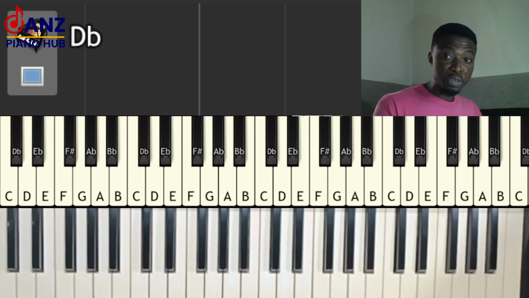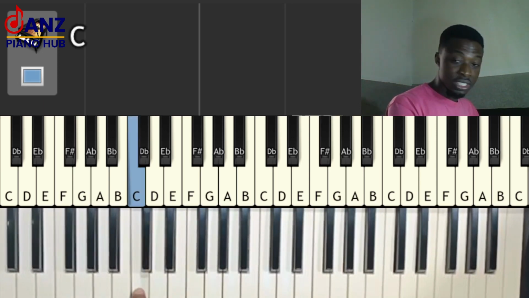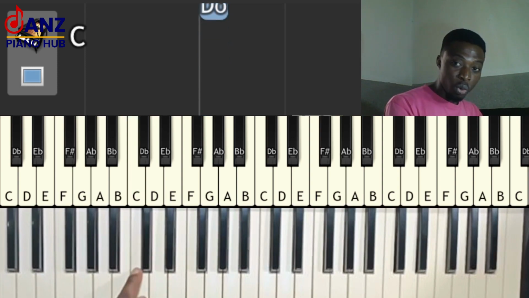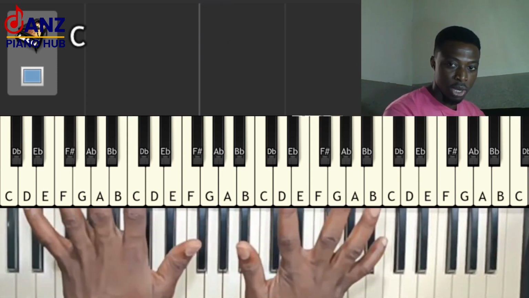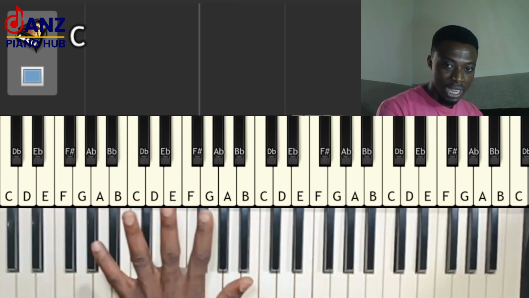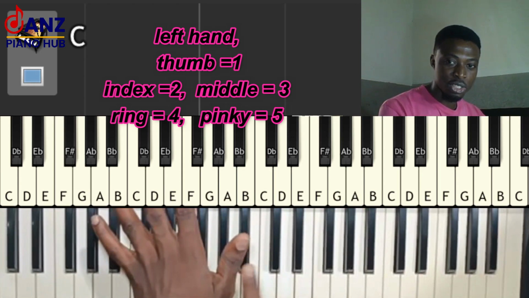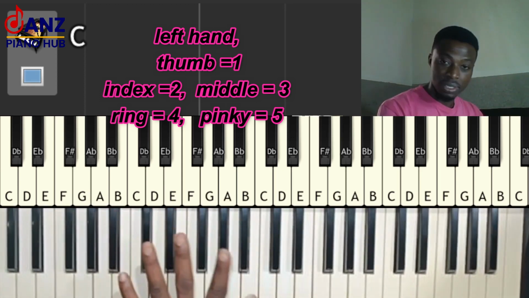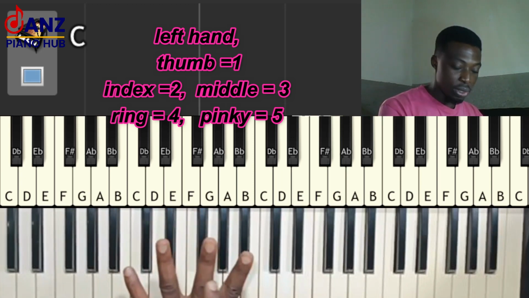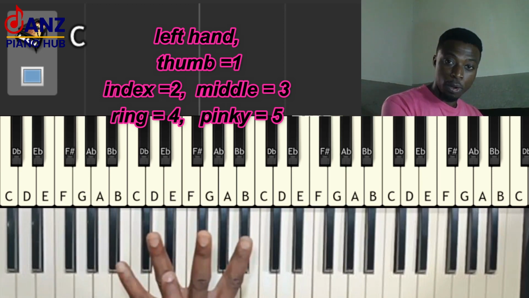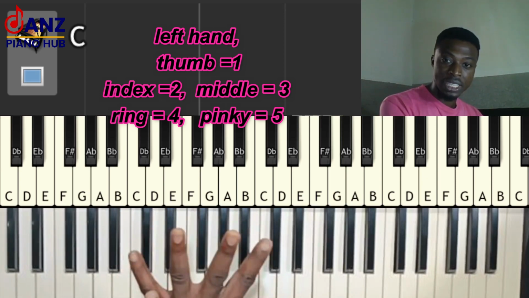So if you take this for example, if you look at your hand, your left hand has a number pattern. Your thumb is 1, index 2, middle finger 3, your ring finger 4, and your pinky is 5.